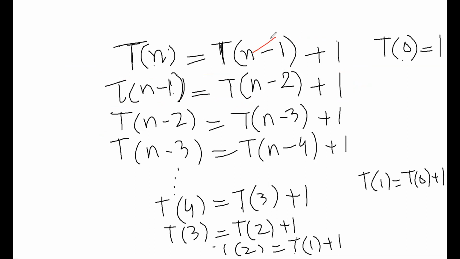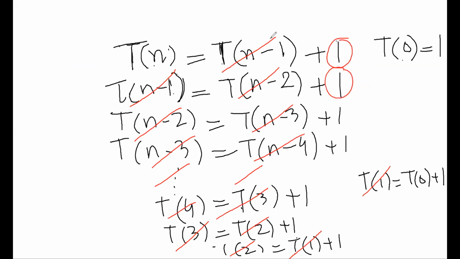When you add all of these equations, you'll see these will cancel out. 2, 2, and 1, 1. So what you are left with are these ones all the way here, here, here, and here. And you also have this t0. So how many ones will be there?